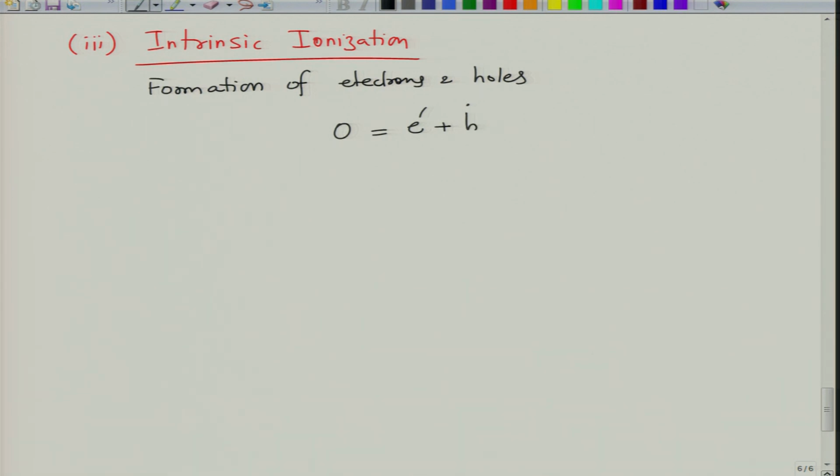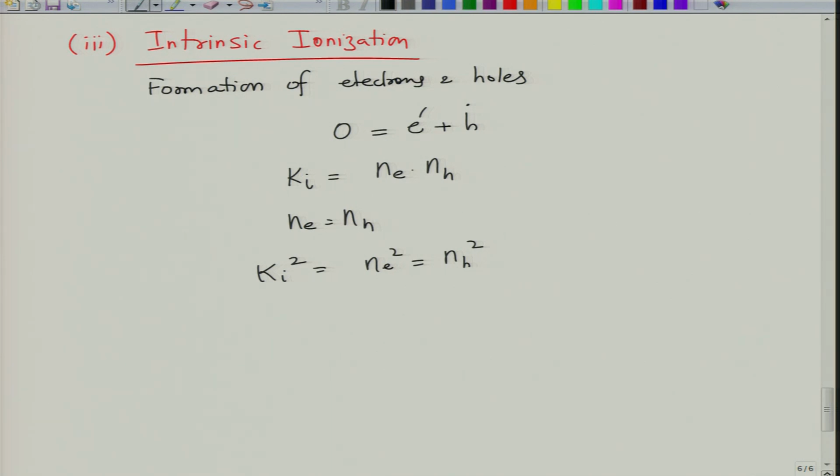This is equal to E plus H, and again this is stoichiometric, it does not change the stoichiometry. So in this case, let us say Ki is the reaction constant, then this will become Ne into NH, and Ne being equal to NH, you can write Ki to be equal to Ne square or equal to NH square. This is for intrinsic ionization. So again this is similar to stoichiometric defects.